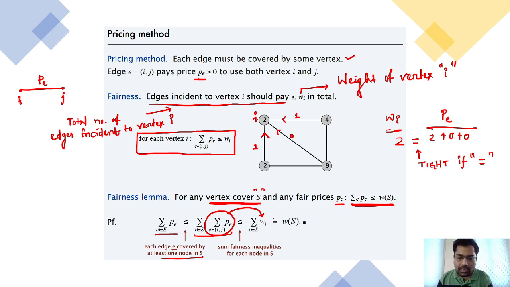Clear? Next, this is all the vertices within the vertex cover. Like if you are going to add it, this is what your W of S. Clear? This is the weight you gained from the vertices inside the vertex cover. I think it's clear to you.